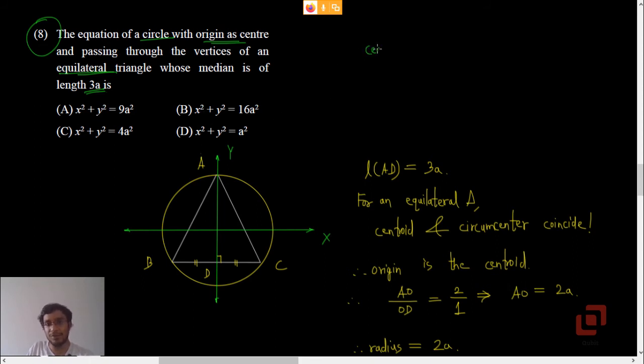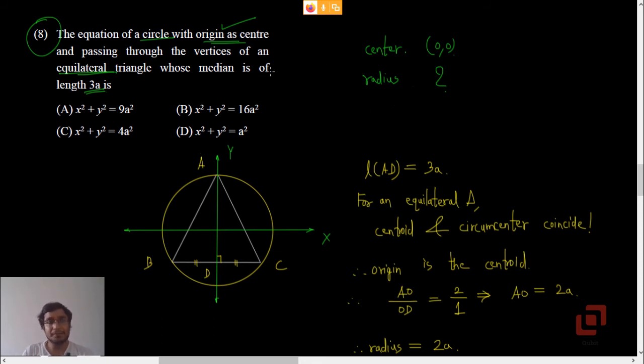First is the coordinates of the center of the circle, and the second one is the radius of the circle. Out of these two things, they have already given us the center, origin as its center. So the center of the circle is (0, 0), and it is the radius of the circle that we need to find.